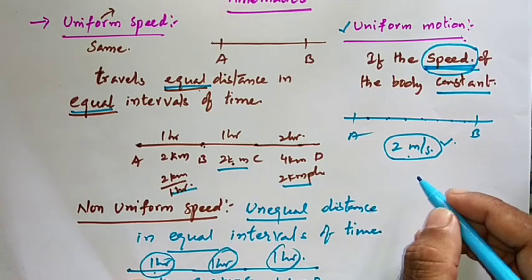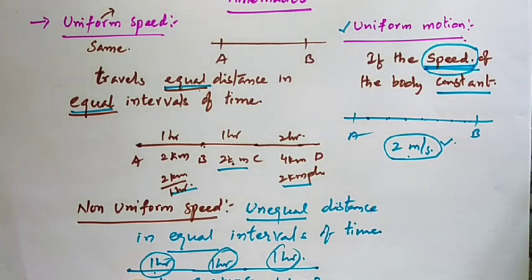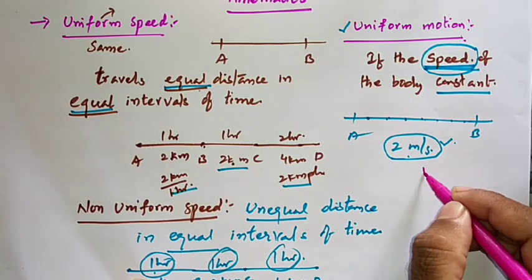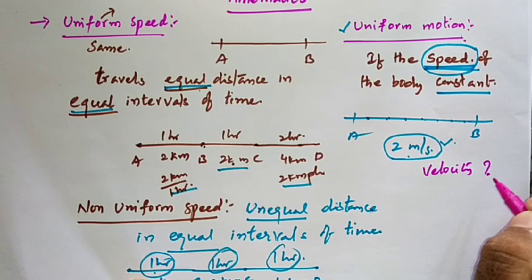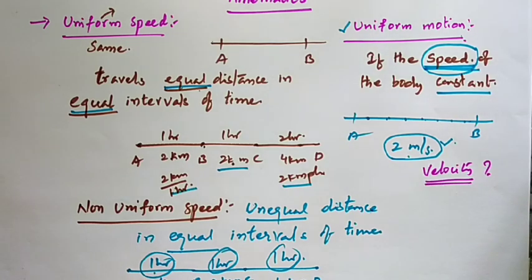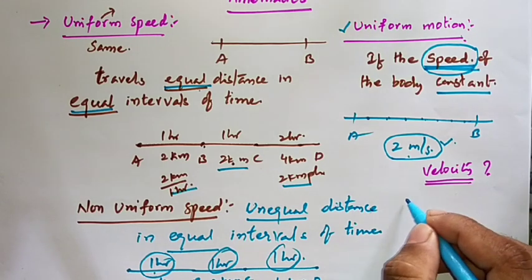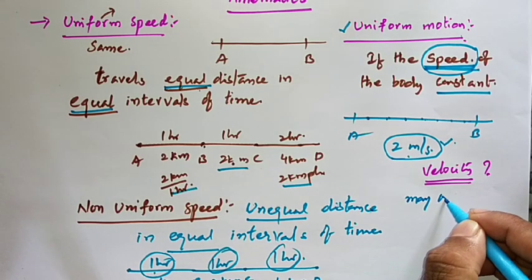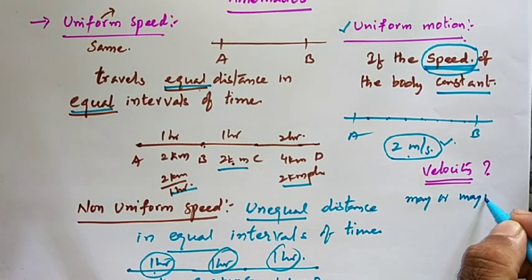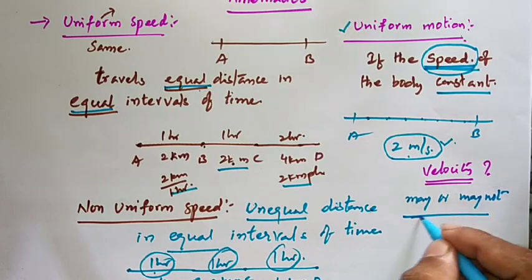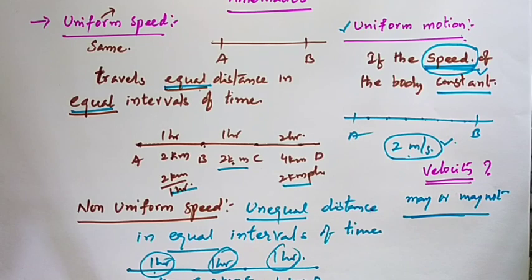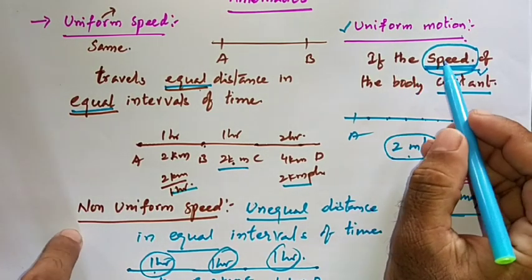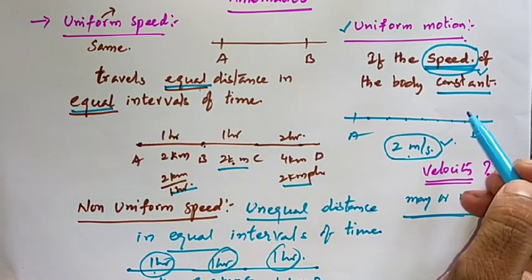Here, what about velocity? In uniform motion, is velocity constant? May or may not. Uniform motion is defined for the magnitude only, not the direction.